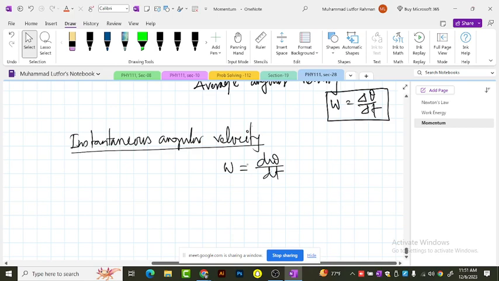This looks exactly like the linear instantaneous velocity, where we write dx over dt. Its unit is also rad per second.